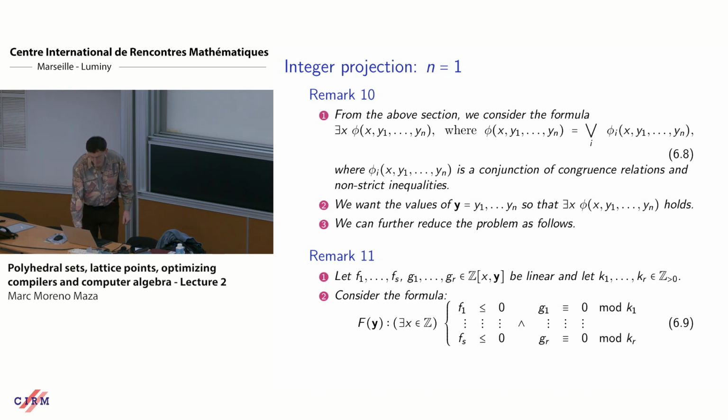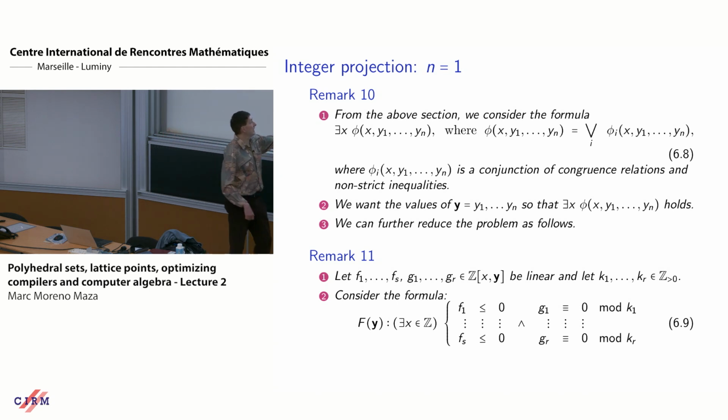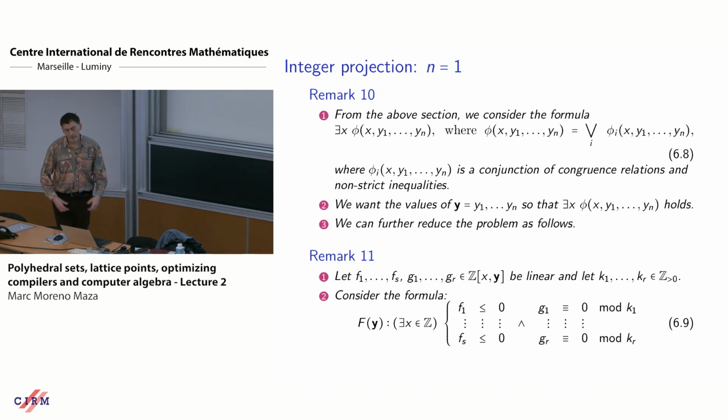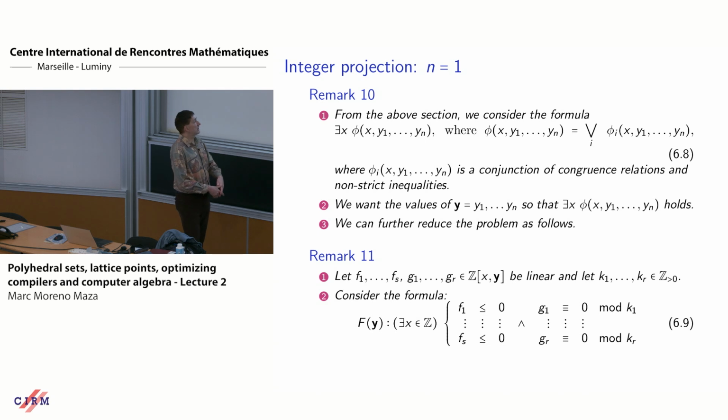Okay, so the first step, as you can guess, now is to use the previous slide for solving the system of congruences. So what happens when we solve the system of congruences? This will solve some of the variables.